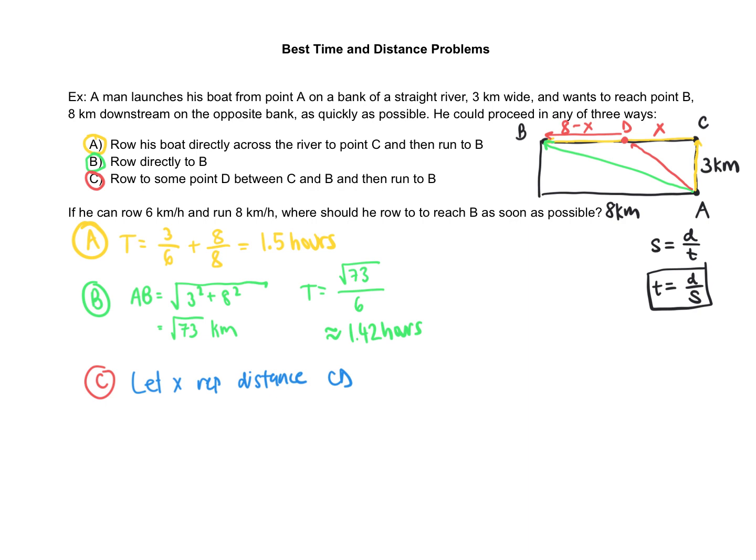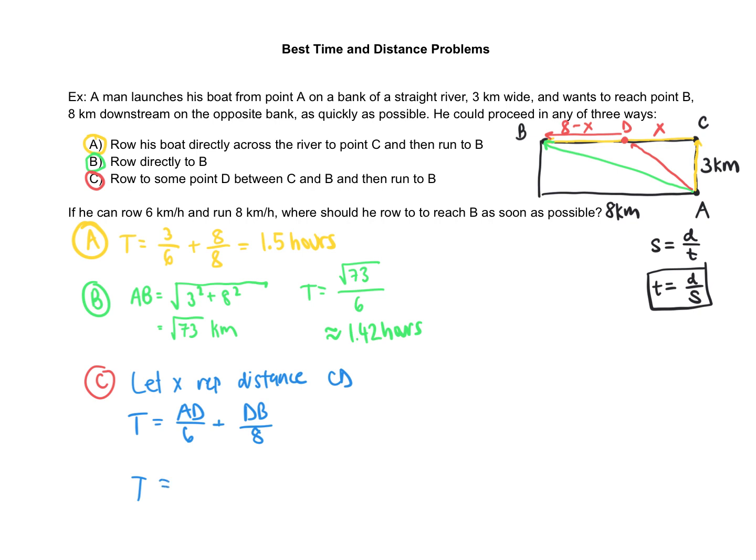Now, my time is going to be the distance from AD divided by the rowing speed, that's 6, plus the distance from DB divided by the running speed, which is 8 kilometers per hour. Now I already have an expression for DB. For DB, I can write 8 minus x.